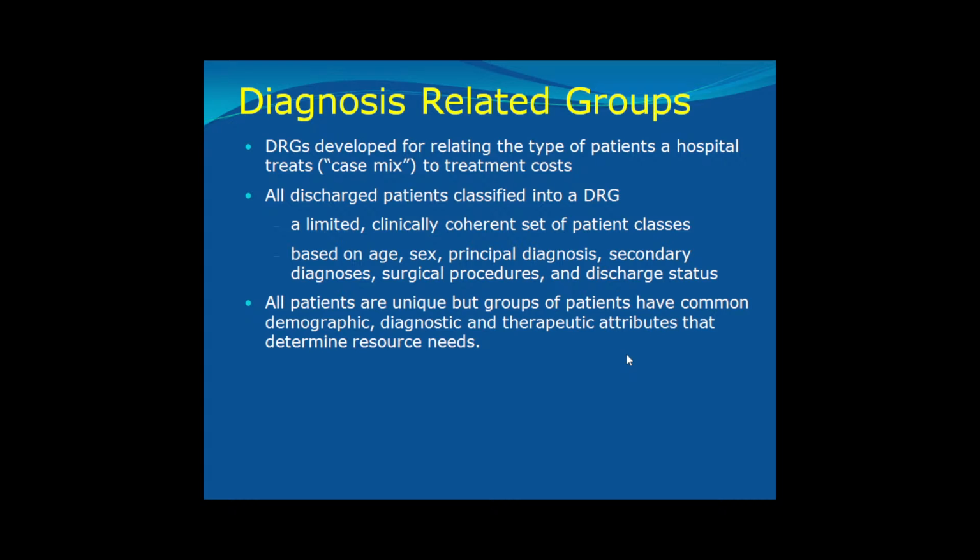Next type of classification is diagnosis-related groups. Diagnosis-related groups were developed for relating the type of patients a hospital treats, the case mix, to treatment costs. All discharged patients are classified into diagnosis-related groups, a limited clinically coherent set of patient classes based on age, sex, principal diagnosis, secondary diagnosis, surgical procedures, and discharge status.